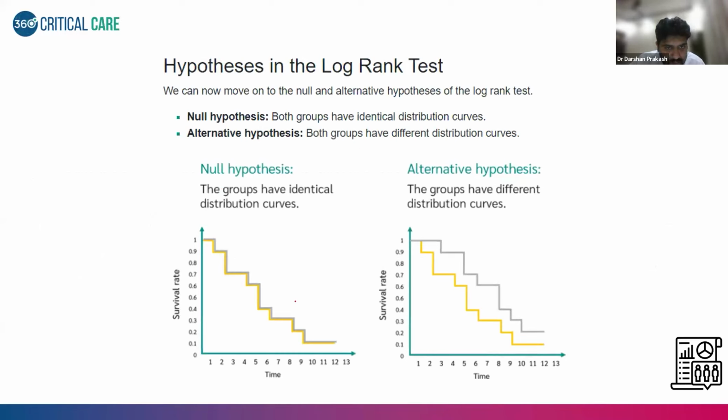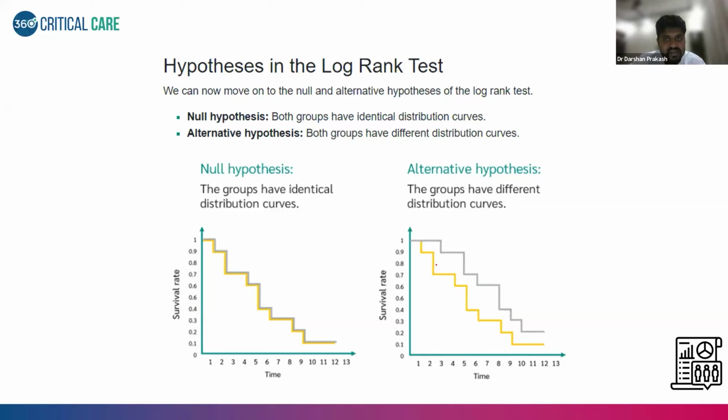If the curves are running in parallel, that is to say there is no difference between the groups. If it is running like this, there is a significant difference, then you can draw adequate survival analysis similar to what we see in a Kaplan-Meier curve. Okay, so log rank, first and foremost, you need to have significant data. Okay, based on that, you apply the null hypothesis. Based on that, you need to draw a Kaplan-Meier survival chart, and then you can compare the results.